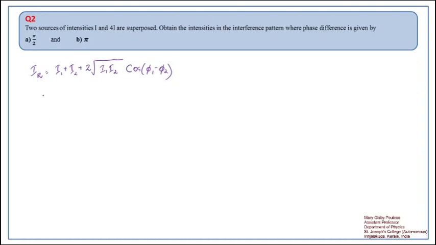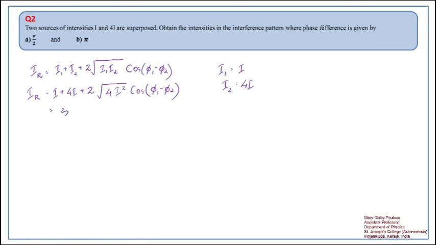Now here I1 is given as I and I2 is given as 4I. So I can write IR is equal to I plus 4I plus 2 into square root of 4I square cos phi 1 minus phi 2.